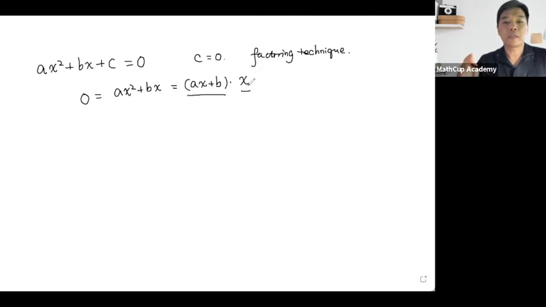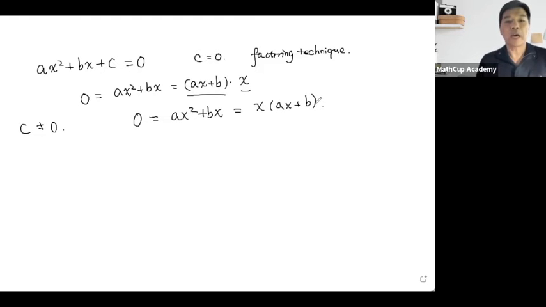In this lecture, we're going to generalize this approach to solve many quadratic equations, even when c is not 0. Remember that for this factoring technique, when c equals 0, the key is that we are factoring ax squared plus bx into x times (ax plus b).